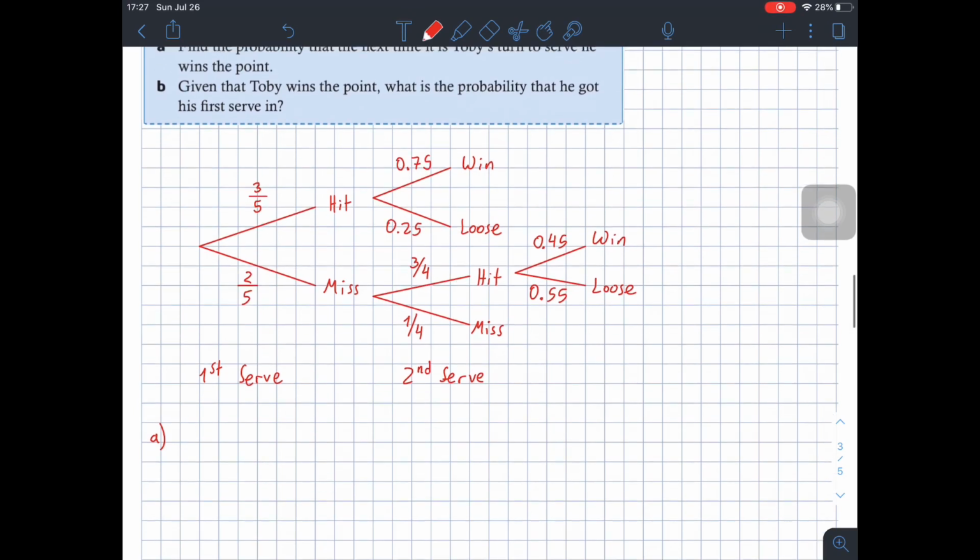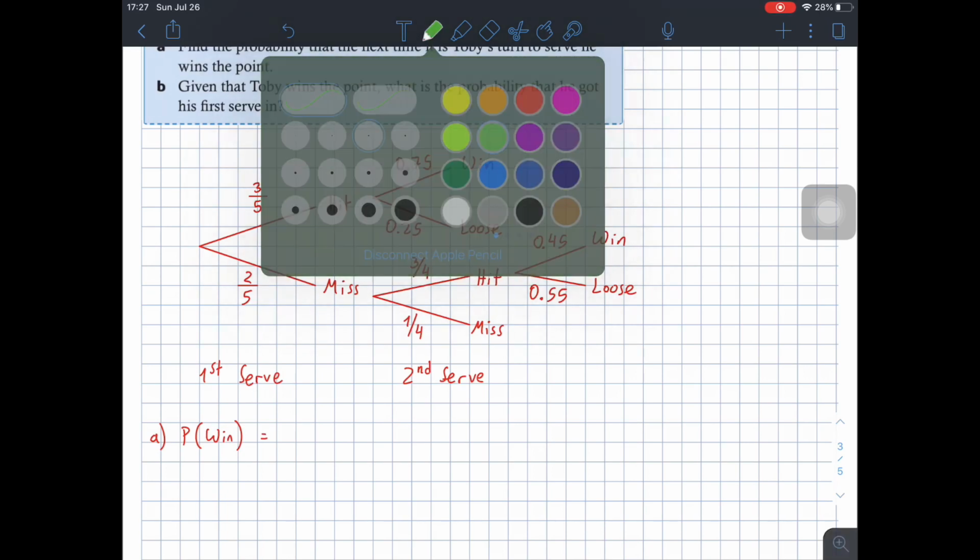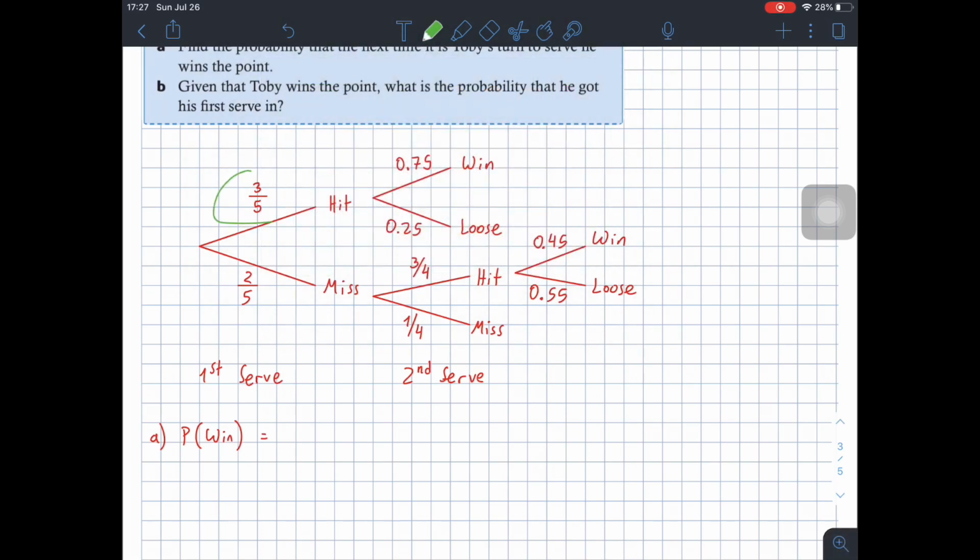To calculate the probability of winning, we need to analyze all the different possibilities in the universe. One is this path over here, and the other would be this path over here. Here we have three different probabilities that we need to multiply, right?